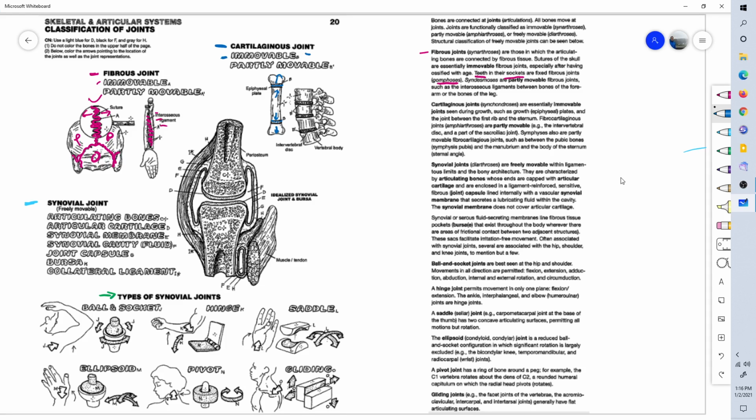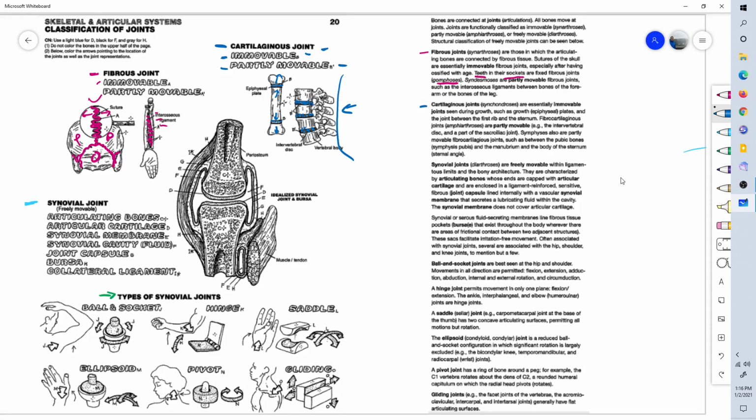And these are the vertebrae of the spine. Here's your back right here. Deep in your back, in between your vertebrae, there are these fibrocartilaginous discs. Your vertebral disc, you've heard about disc herniations. These are partly movable cartilaginous joints made of fibrocartilage.